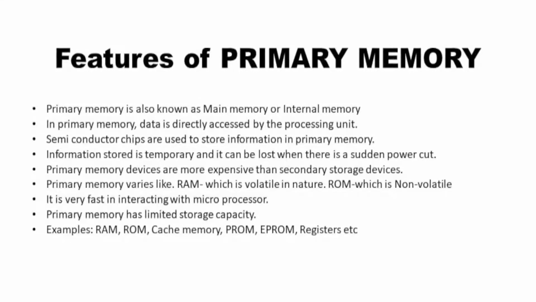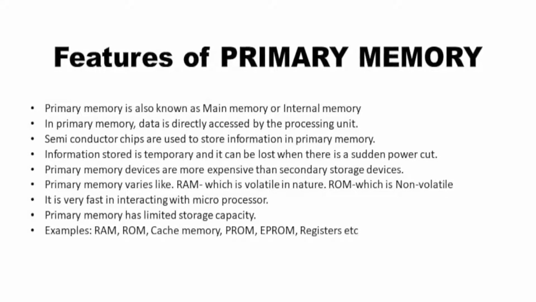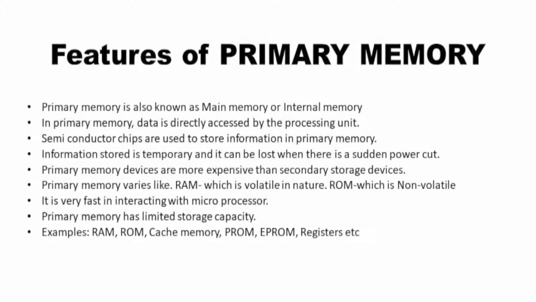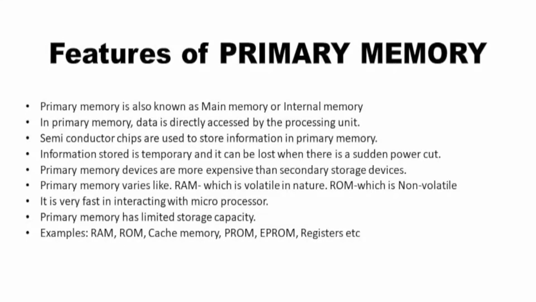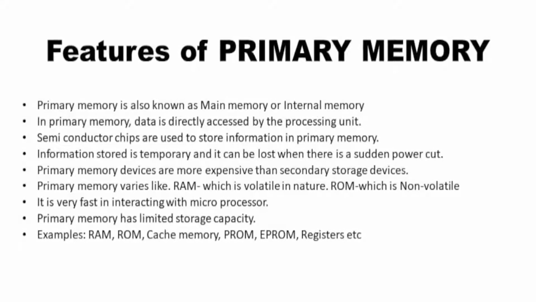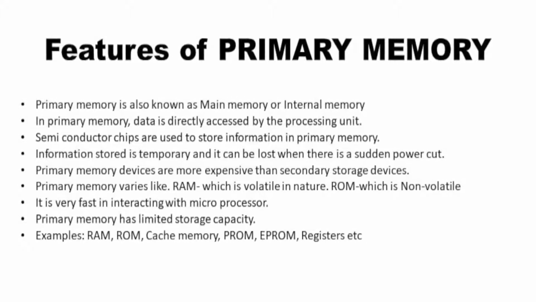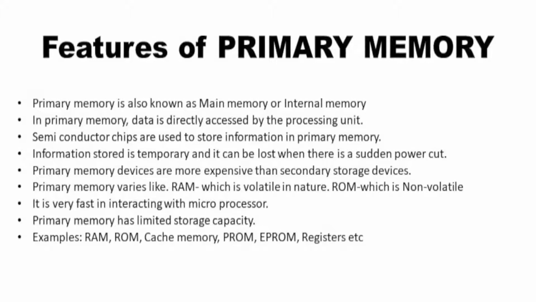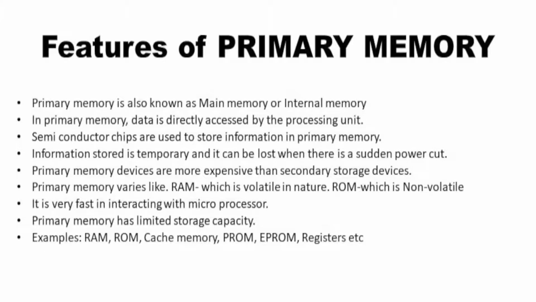Primary memory varies, like RAM, which is volatile in nature, and ROM, which is non-volatile. It is very fast in interacting with the microprocessor. Primary memory has limited storage capacity. Examples: RAM, ROM, cache memory, PROM, EEPROM, registers, etc.